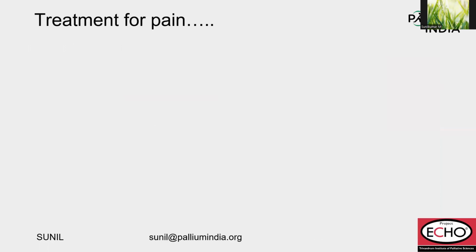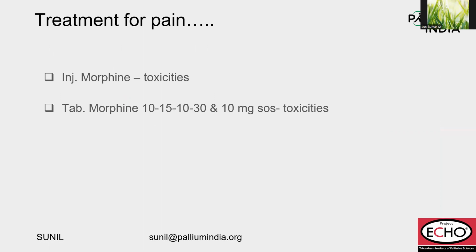Because he didn't have any relief, they tried to start him on injection morphine, but he developed toxicities of morphine. Then he was started on a lesser dose of morphine, like this: 10 milligram, 15 milligram, 10 milligram, and 30 milligram with 10 milligram SOS dose. Even with this, he had toxicities.